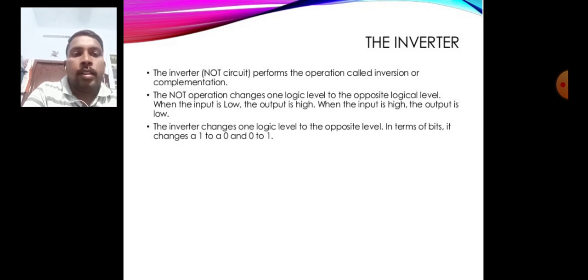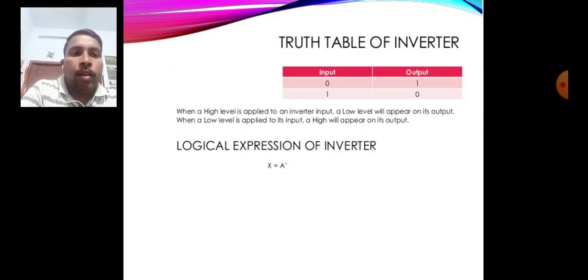So the inverter changes one logic level to the opposite of the level. In terms of bits, it changes A: 1 to 0 and 0 to 1, using binary digits. This is the truth table of the inverter.